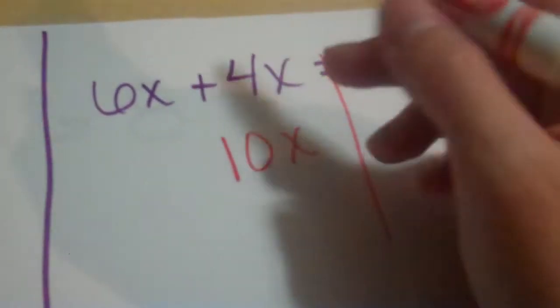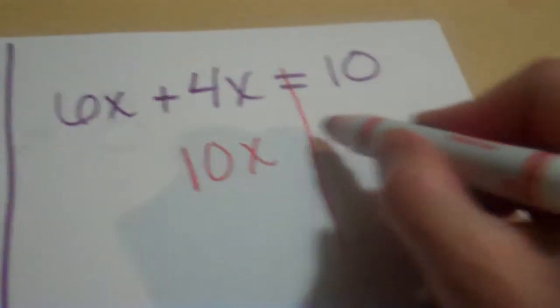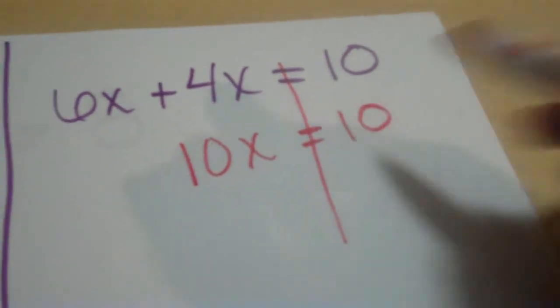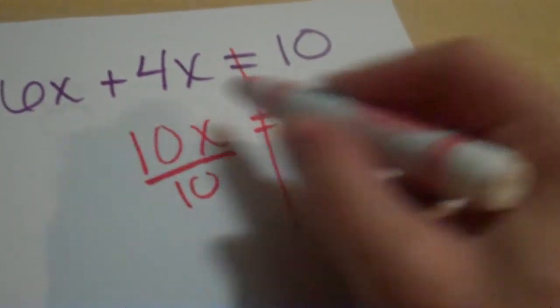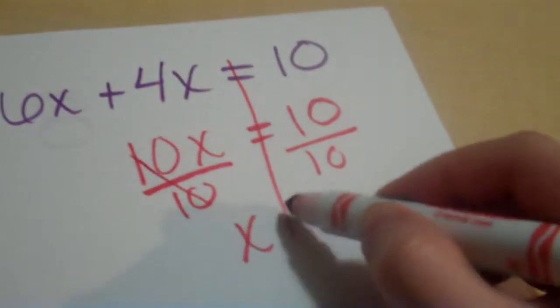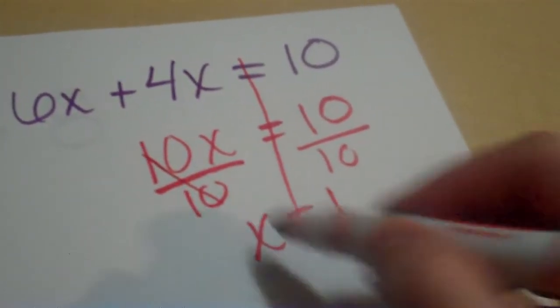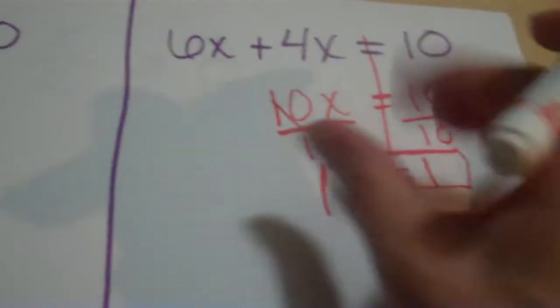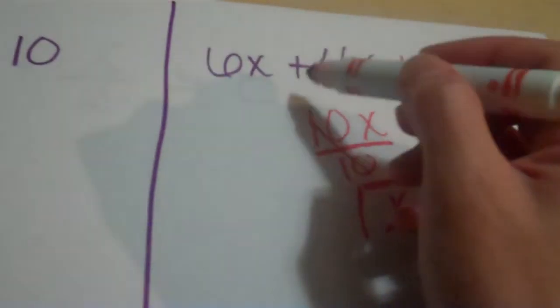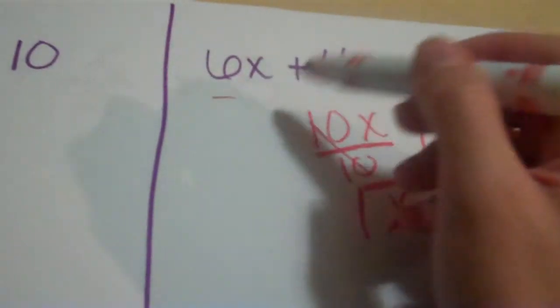Okay, you don't do the opposite because they're on the same side. Equals 10. And then we divide by 10. Okay, so x equals, and 10 divided by 10 is just 1. So yet again, opposite sides you do the opposite, same sides you just do the same thing. Okay, some of y'all are trying to -4x here and don't do that.